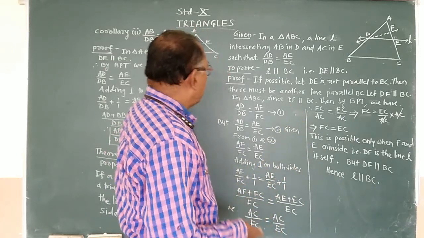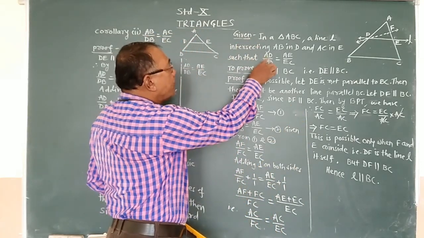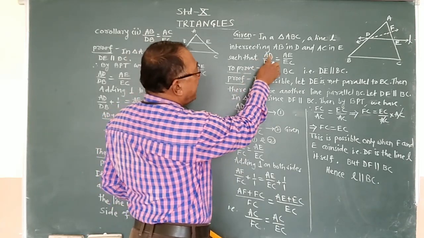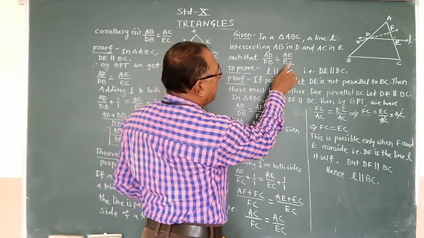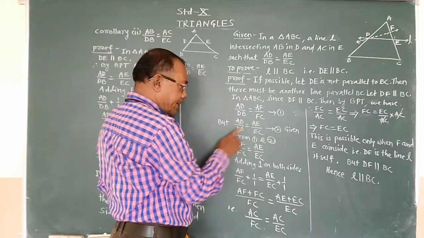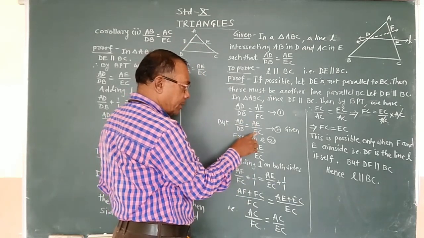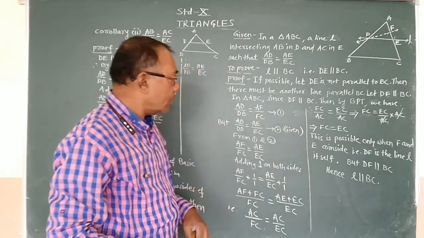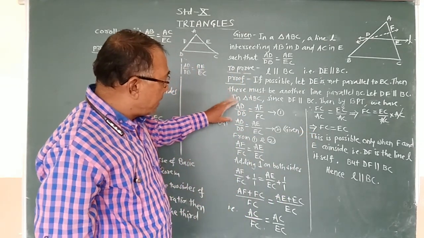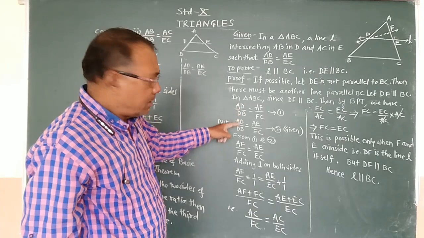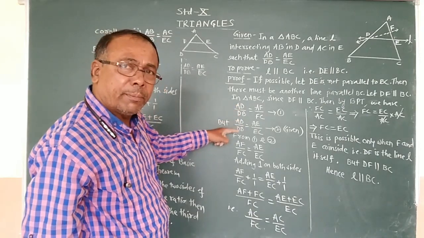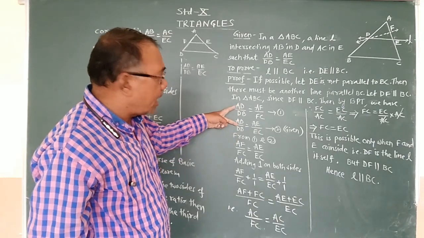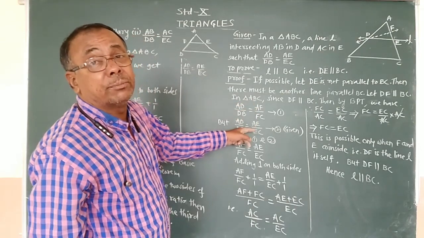Now it is given that AD upon DB is equal to AE upon EC. So that is equation 2, and this is given. So from equation 1 and 2, LHS are equal. This AD upon DB, here also AD upon DB, both the LHS are equal, and therefore both the RHS must be equal.